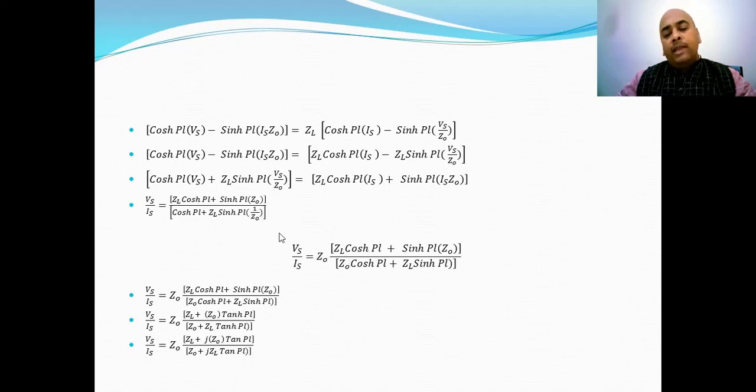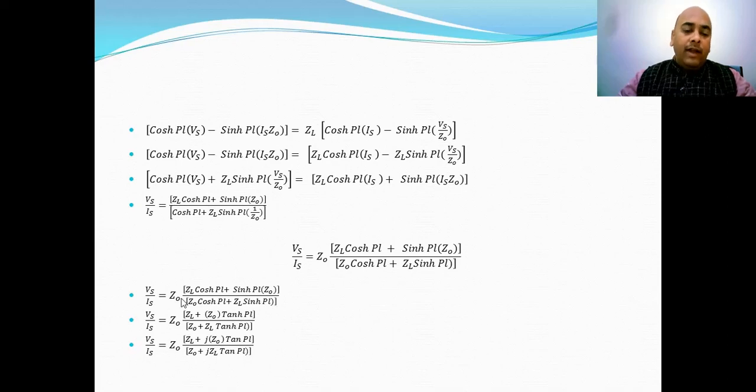Now just by rearranging this equation, that is by taking Z naught common, we obtain that Vs upon Is is equal to Z naught into ZL cos hyperbolic PL plus Z naught sin hyperbolic PL, divided by Z naught cos hyperbolic PL plus ZL sin hyperbolic PL.